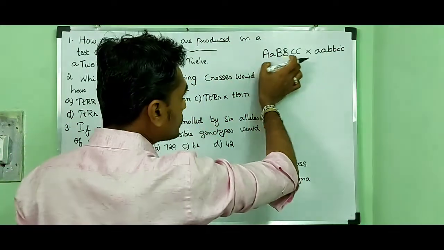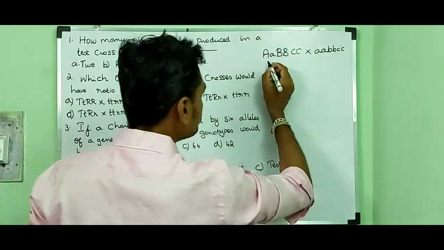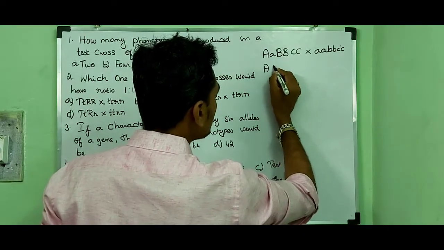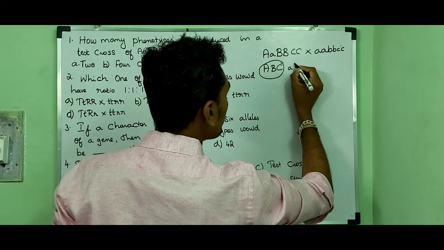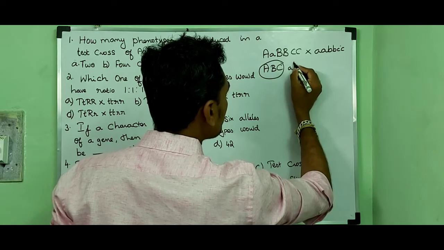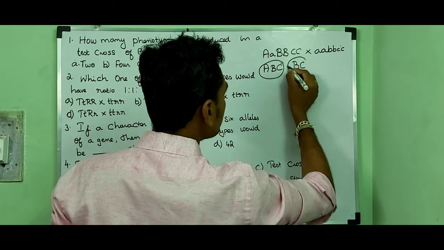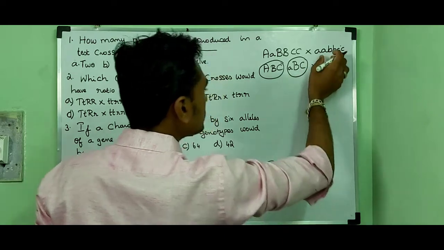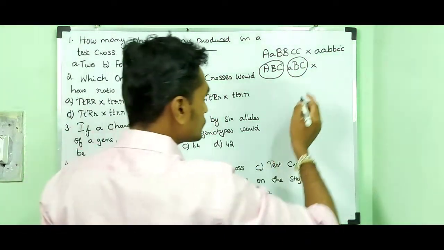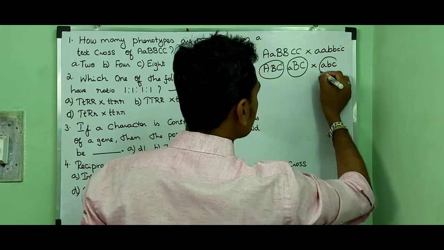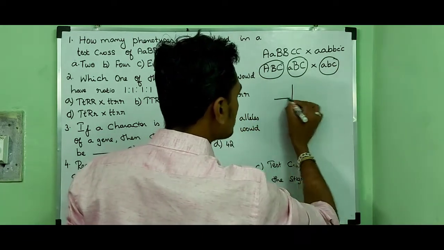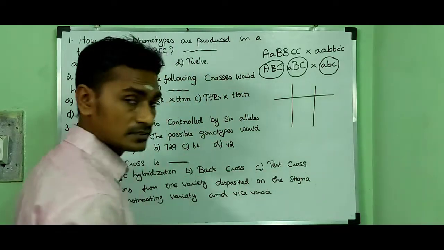The gametes produced by the first parent are capital A, capital B, capital C and small a, capital B, capital C. In the recessive parent, the gamete produced is small a, small b, small c. Gametes are plotted in the Punnett square.